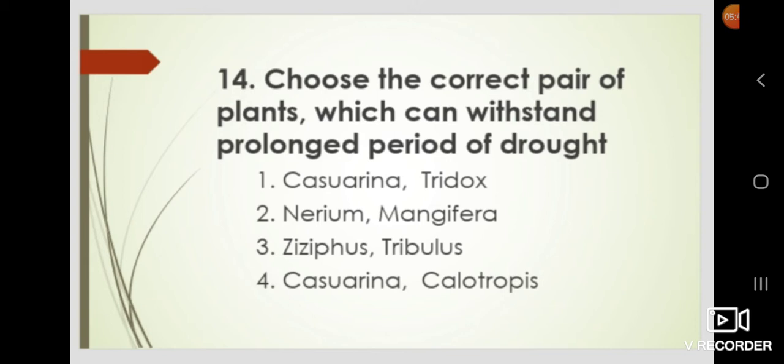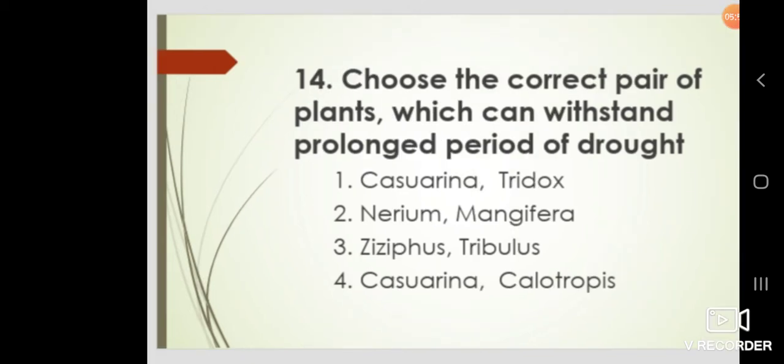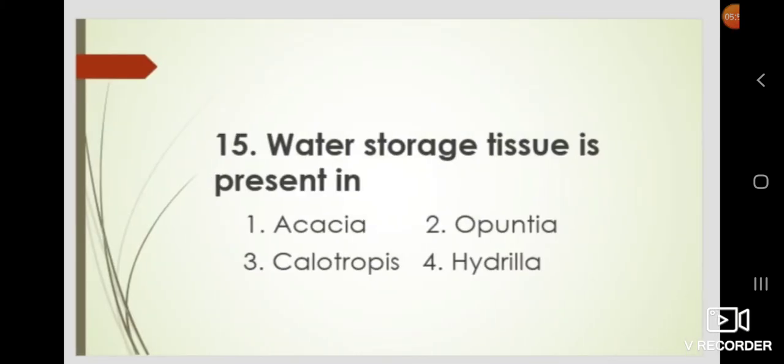Choose the correct pair of plants which can withstand prolonged period of drought. Casuarina and Calotropis. Question number 15. Water storage tissue is present in. The right answer is 2, Opuntia.